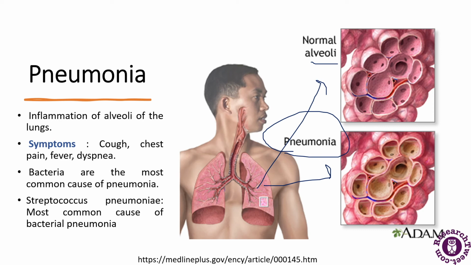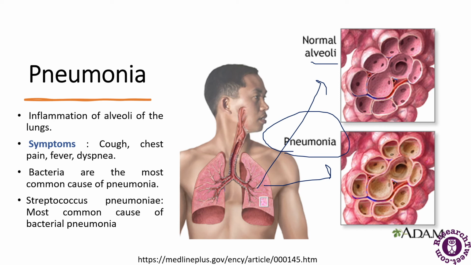The typical signs and symptoms include cough, chest pain, fever, and breathlessness. Symptoms can vary from mild to severe. Many factors affect how serious pneumonia is, such as the type of germ causing the infection, or your age and overall health.